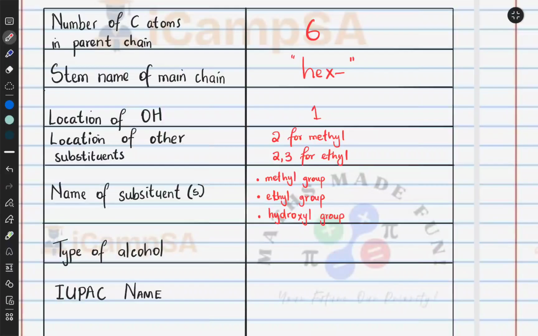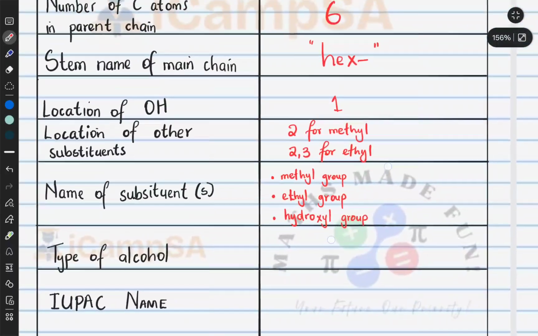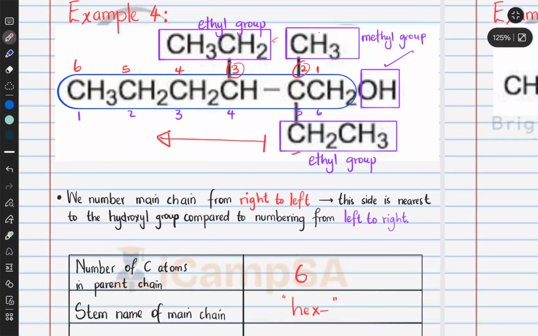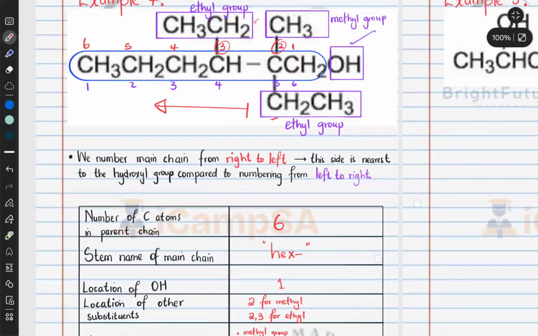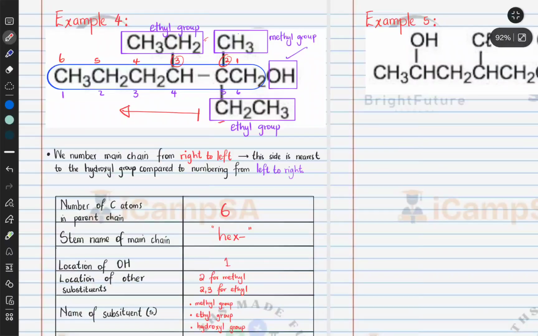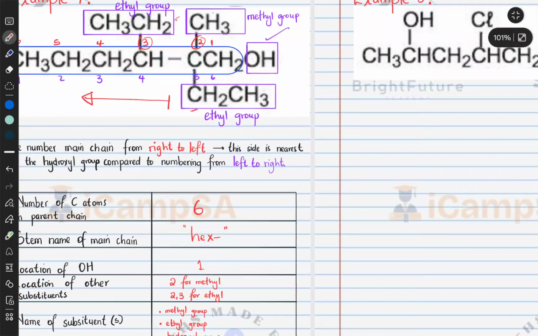So that's that. And then the type of alcohol that we have here would be a secondary alcohol. Why? Because if we check, some people struggle with reading the condensed structural formula, but in actual fact, it's the same as the structural formula. The only difference is you don't see all the bonds that are present there, but it's the same thing.